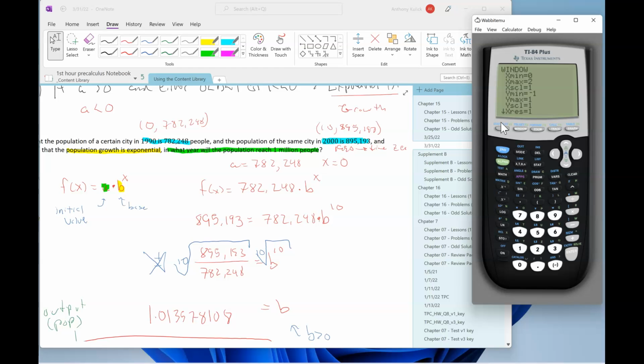Anybody want to just throw out a guess? 15. 15? Well, we basically picked up 100,000 there. So I would guess at least probably 20. Because we picked up basically 100,000 going here, we need to pick up another 100,000 to get to a million. I'd probably go over that, though. I'd probably do 25 or 30.